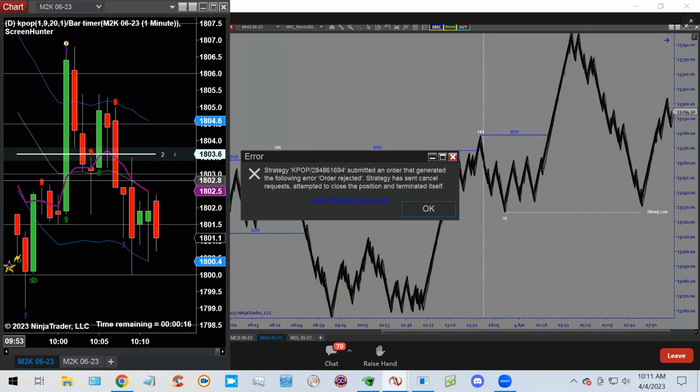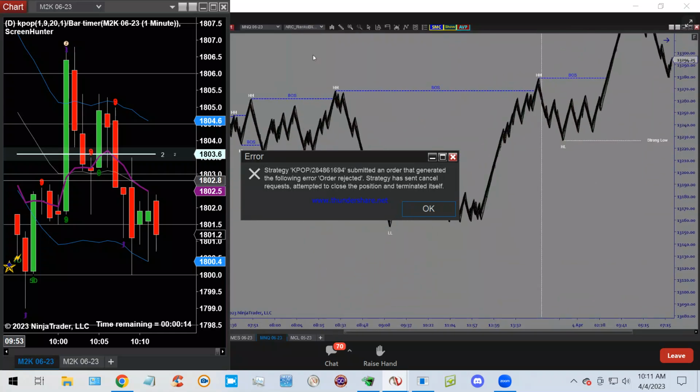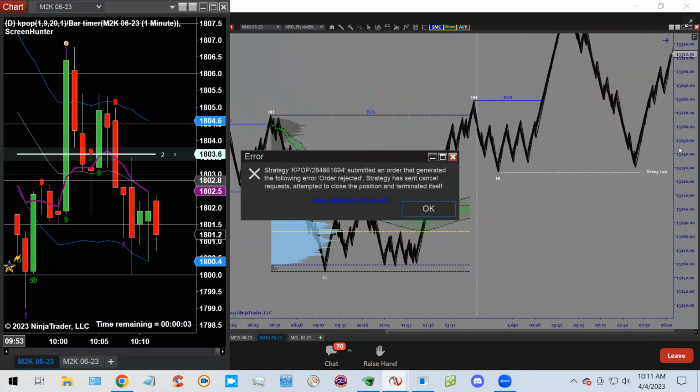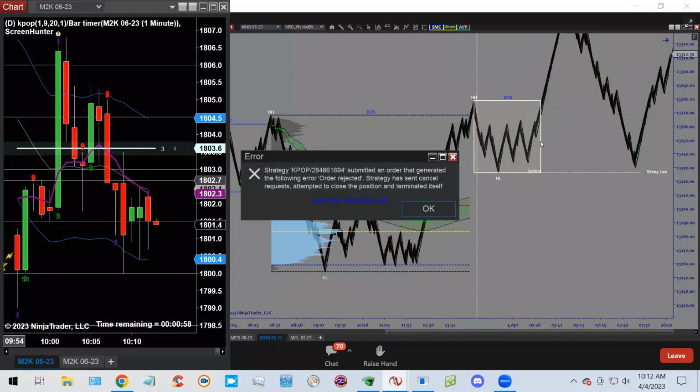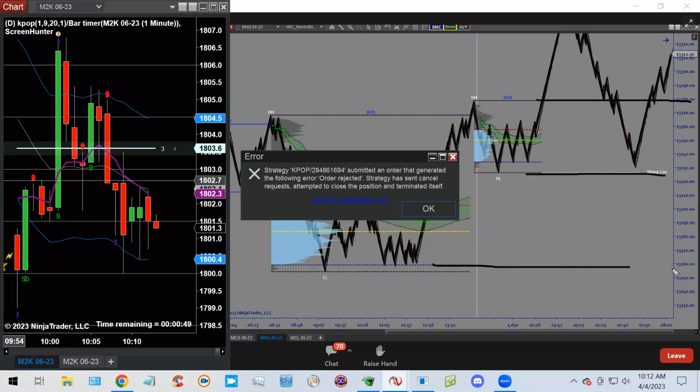If I draw like this, value area low is down here. Completely different level of information. They're in different sections of the tape. Think of this as a liquidity area. Think of this as a liquidity area. They're in completely different places.